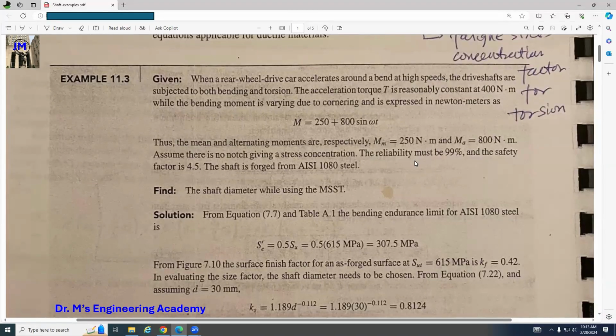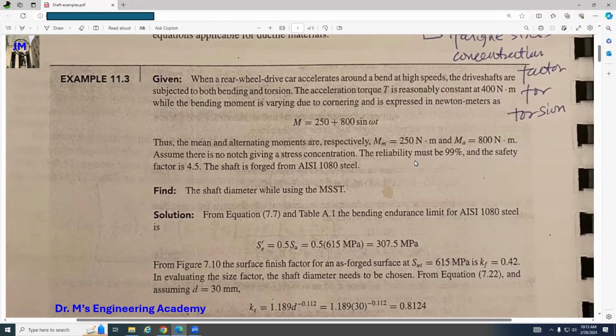So this is the maximum. Max equals 250 plus 800. Minimum equals 250 minus 800. So I can use these two equations to get Mm and Ma.